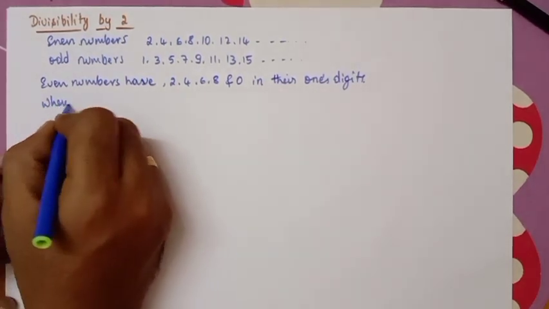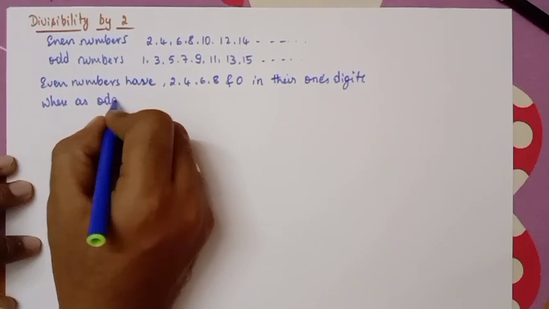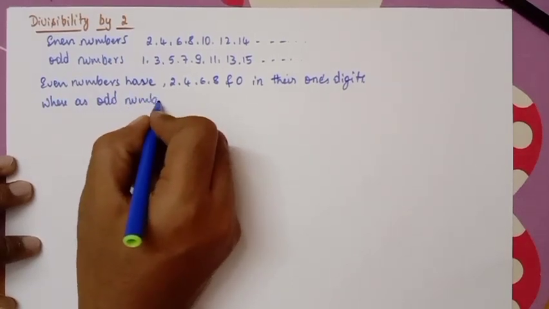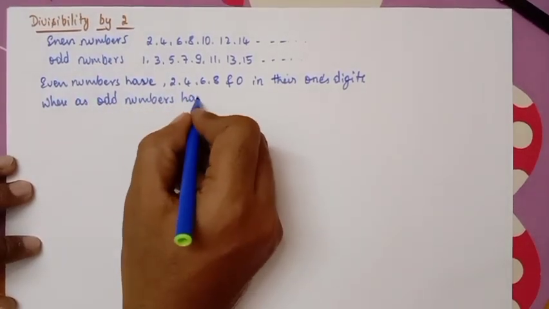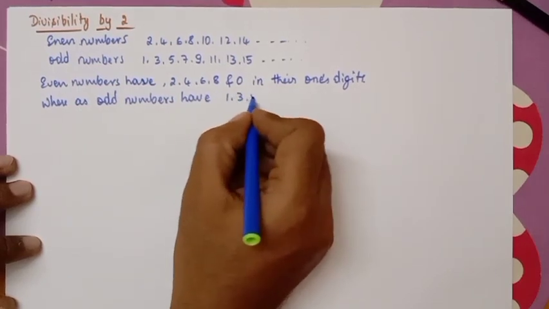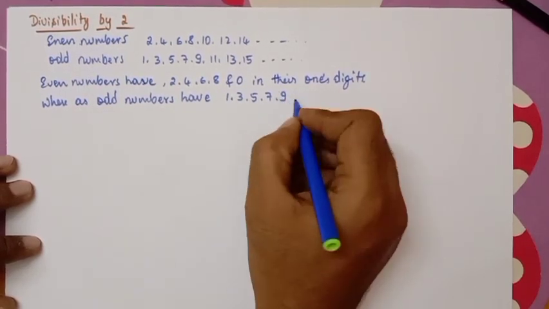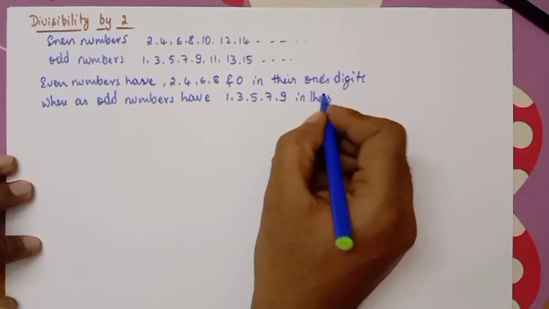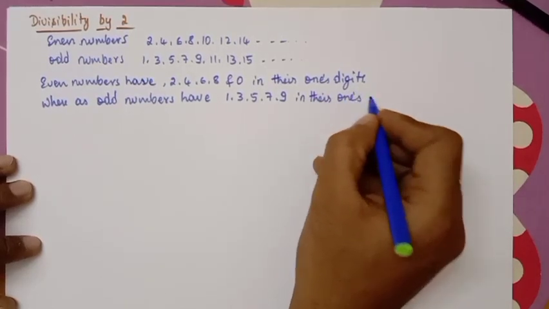Whereas odd numbers have 1, 3, 5, 7, 9 in their ones digit.